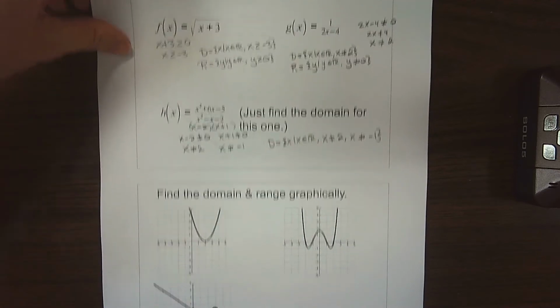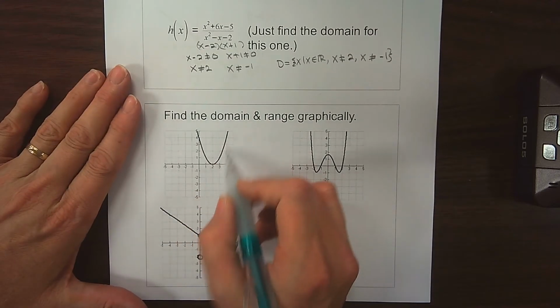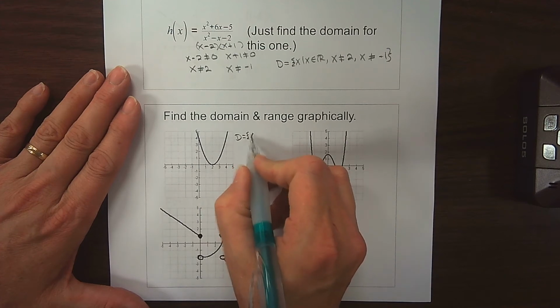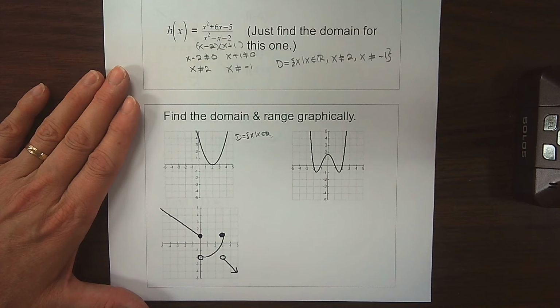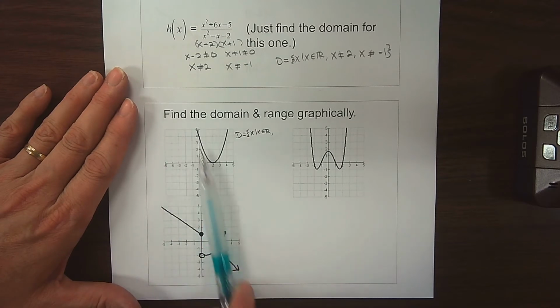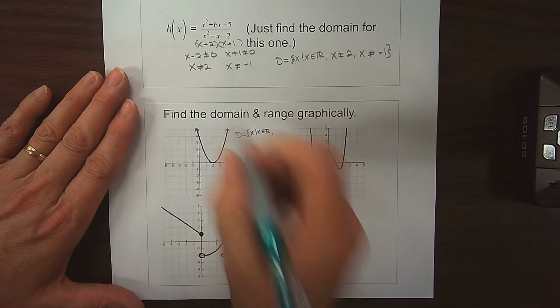All right, let's think about finding the domain and range of functions that are given graphically. So when I look at this first function and I'm thinking about domain, remember that the domain are all x values. Well, when I look at the x values, I don't see anything graphed over in this region, but this is a parabola, so perhaps it should have been graphed this way, but there should be arrows on the ends here.